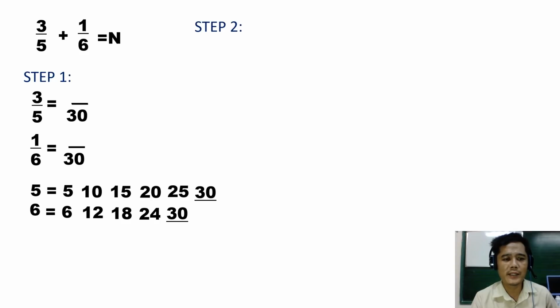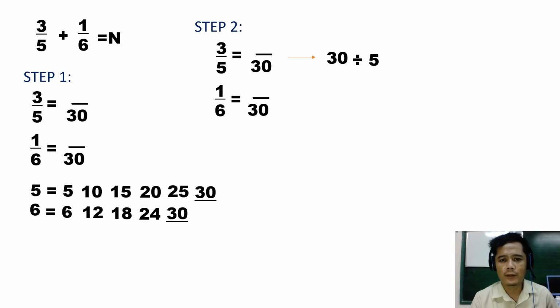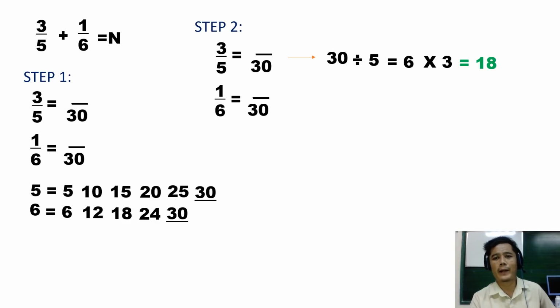So next step, divide the LCD by the denominator and multiply the quotient by the numerator. So simulan natin kay 3/5. So 30 divided by 5 is equal to 6, and multiplied by 3 is equal to 18. So yun na yung nawawala nating numerator, no?